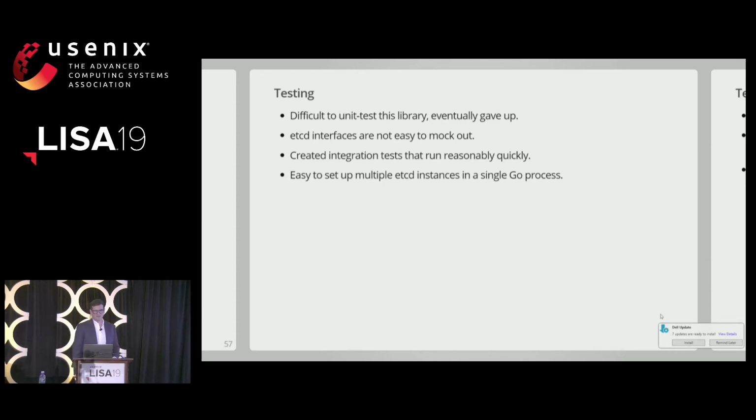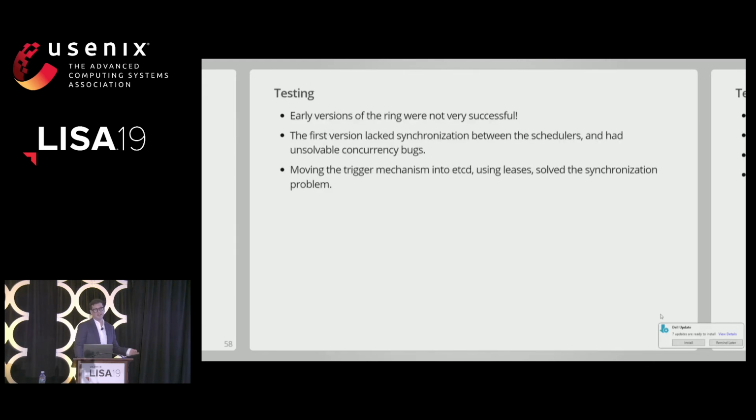So I would spin up an etcd instance, run my tests on it, and it seems to work well enough. You can even create multiple etcd instances in a single Go process, so it's fine. I would like to be able to do more unit testing for this. It would enable me to get way better guarantees about how things behave in weird situations, but I'm still working on it.